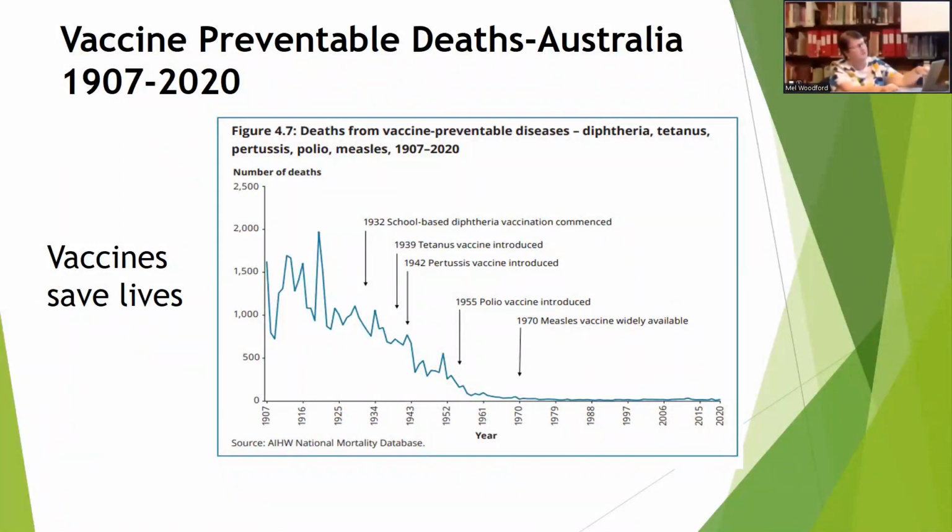In 1932, the diphtheria vaccination commenced, followed by tetanus in 1939, and then whooping cough, which is pertussis, then polio in 1955, and then measles in 1970. So again, you can see they've really dropped down to almost nothing.